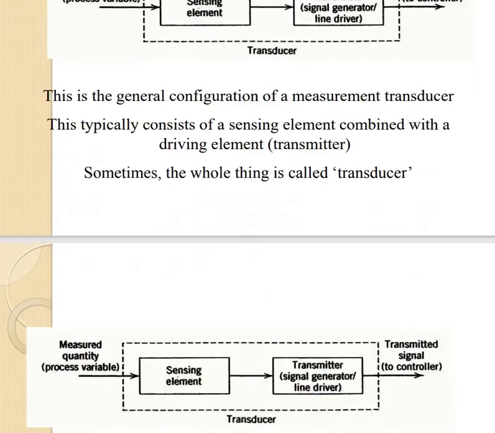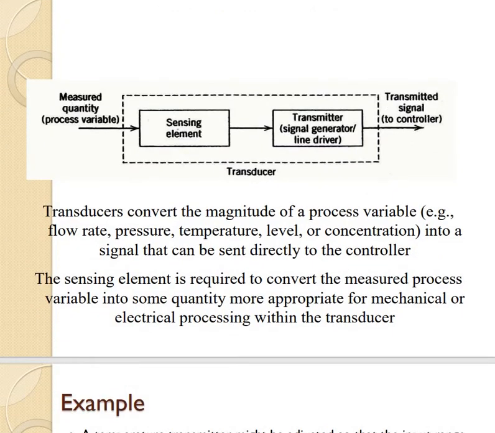Okay. Basically a transducer converts the magnitude of a process variable, for example flow rate, pressure, temperature, level, concentration, into a signal that can be sent directly to the controller.